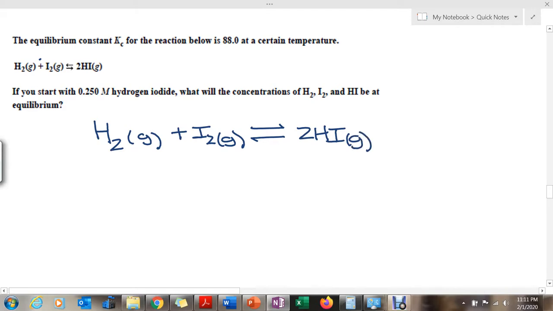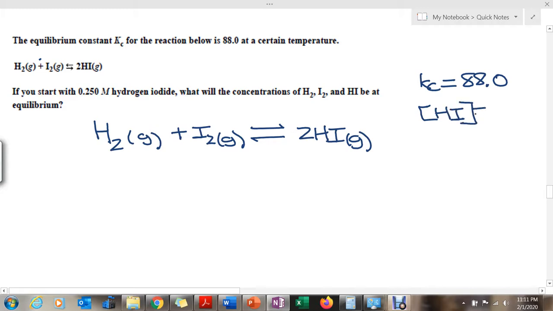They're giving you the Kc, let's write it here. Kc equals 88.0.